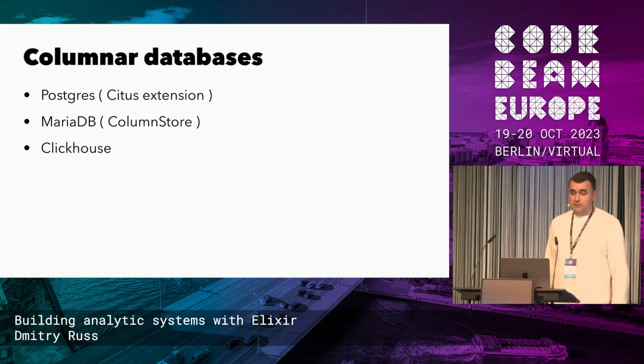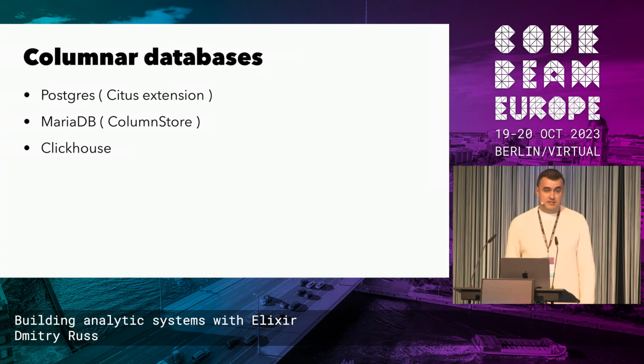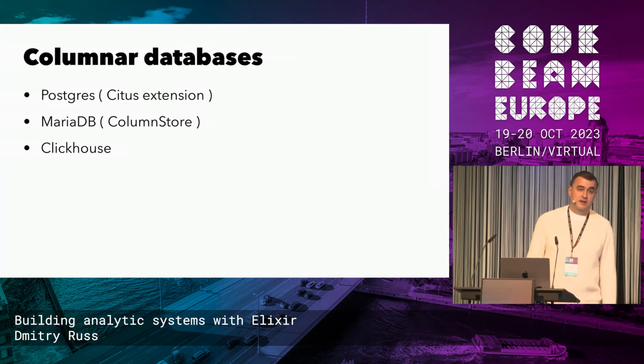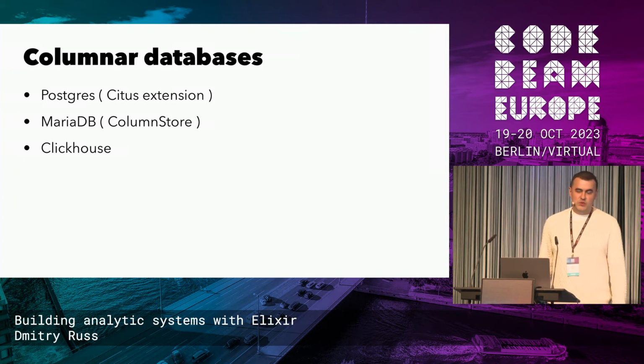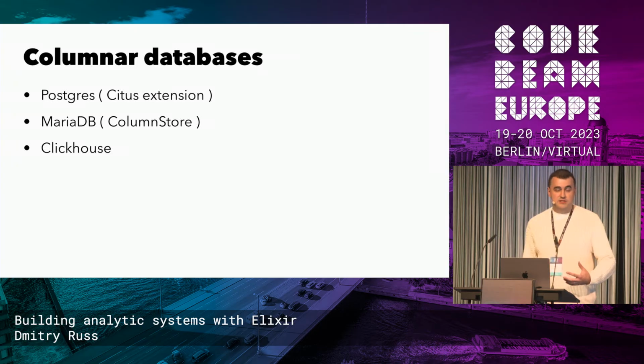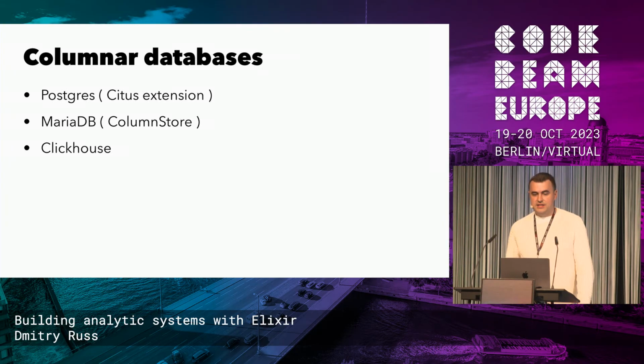As we have talked about columnar databases, I would give a small introduction to which columnar databases there are. Of course, it's always good to reuse your main database, for example Postgres or MariaDB, and they actually have extensions.